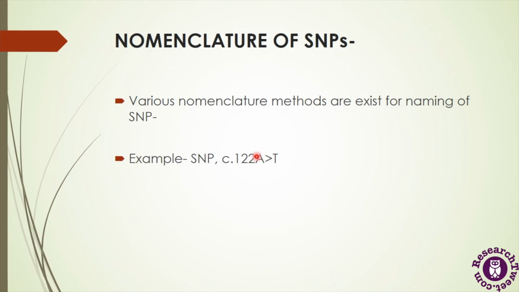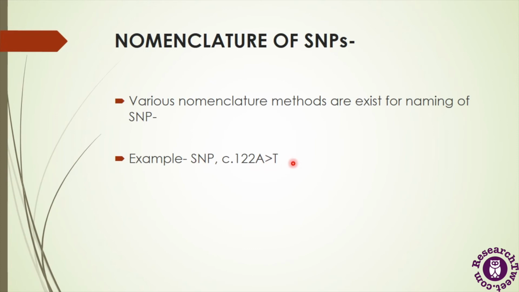Now let's understand the nomenclature of SNPs, or how they can be named. Various nomenclature methods exist for naming single nucleotide polymorphisms. Here is an example of the pattern: a SNP named C.122AT. Here C indicates the codon, 122 is the number of the codon, and A and T are the nitrogenous bases.